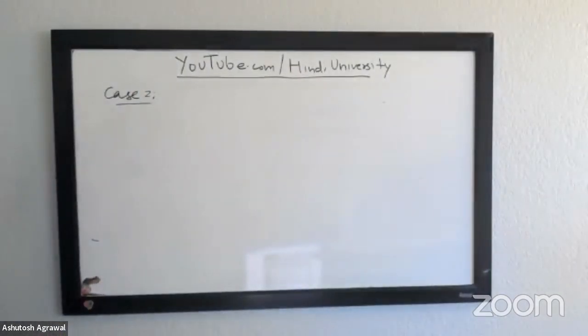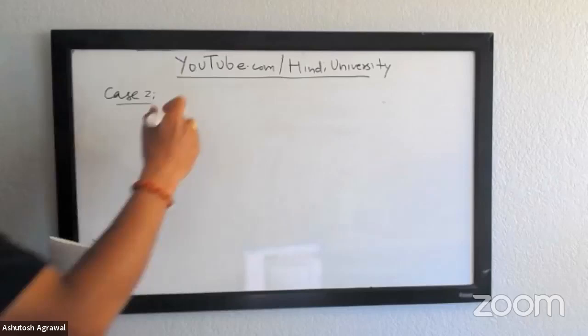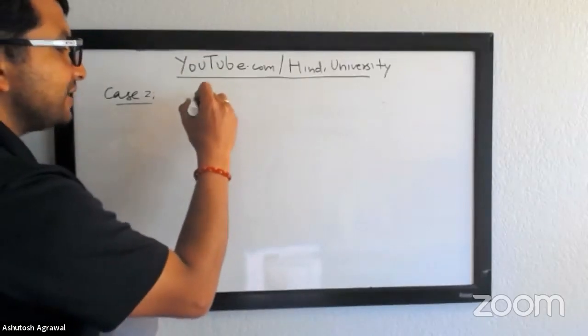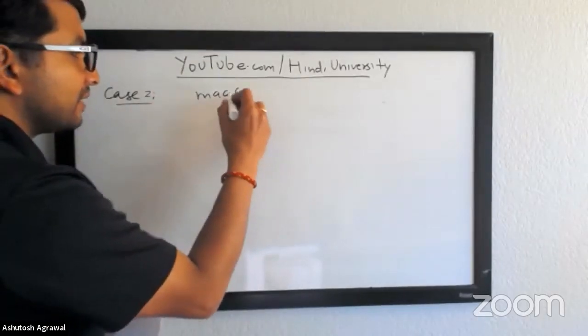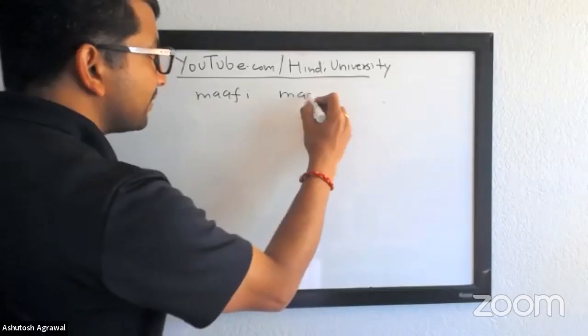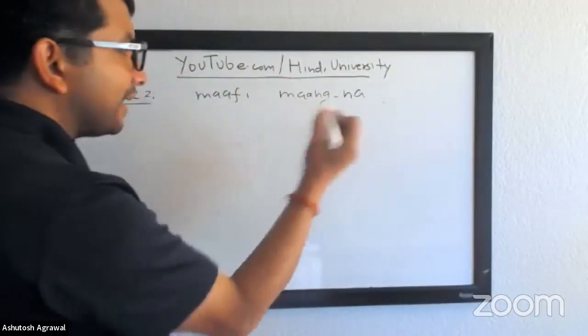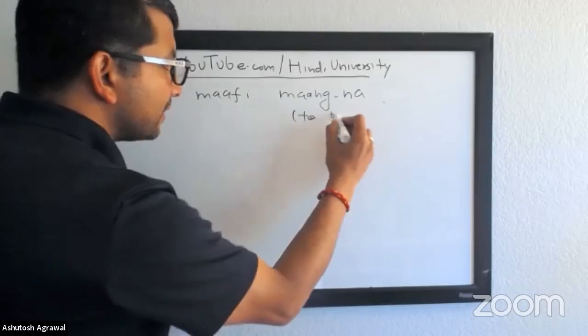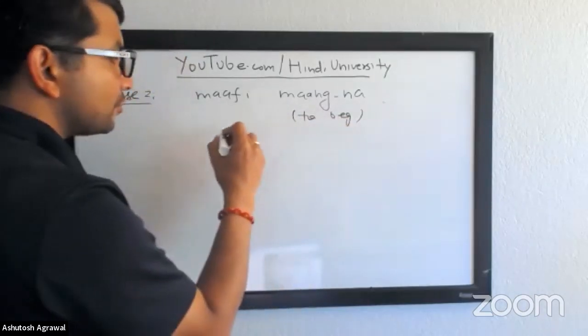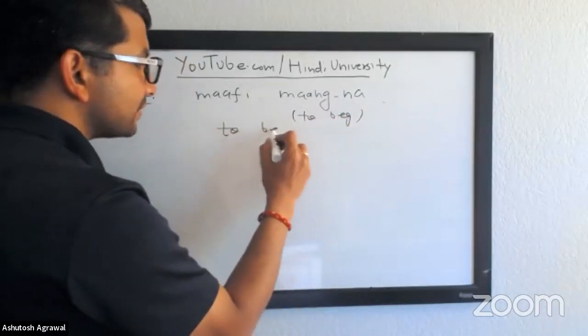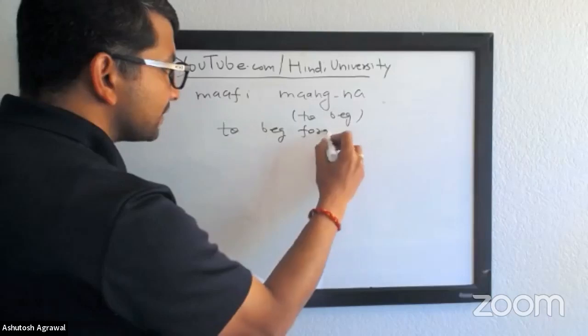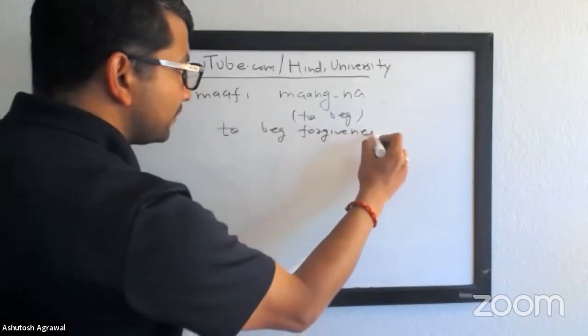Now we'll do the other one, case number 2, which is maafi mangna, to seek forgiveness. Maafi mangna. Mangna is to beg in general. So to beg for forgiveness.